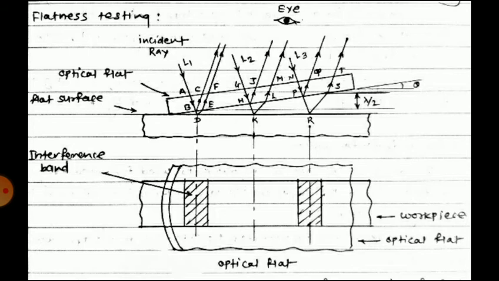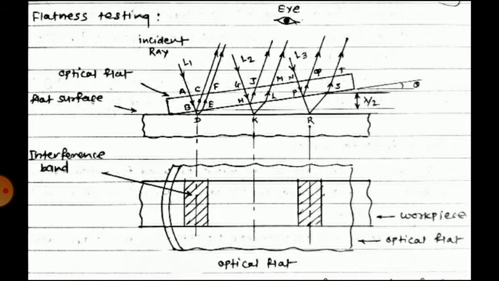Now, consider an optical flat placed upon a flat metal surface so that a thin wedge film of air is entrapped between them. It will be at a slight inclination theta to the surface. So the optical flat is placed on a surface at an angle theta.